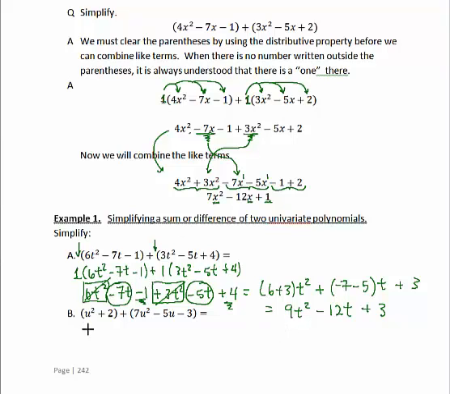Okay, same case with the next part, B part. We have two sets of parentheses. This is a polynomial, and this is another polynomial, poly 1, and then add another polynomial to it. Okay. Once again, take note of what's in front of the parentheses.